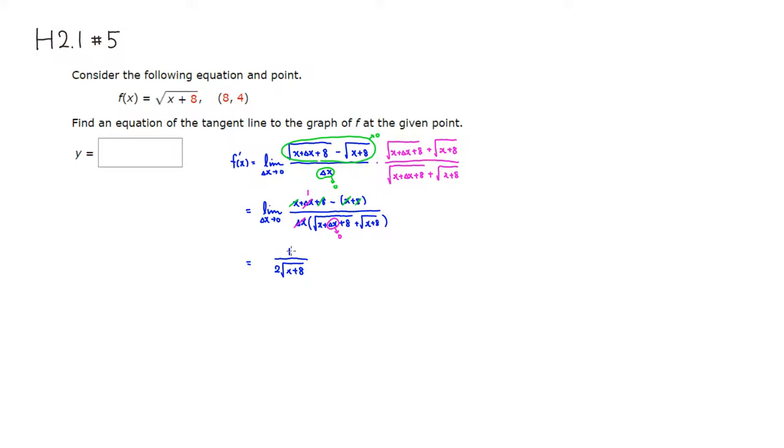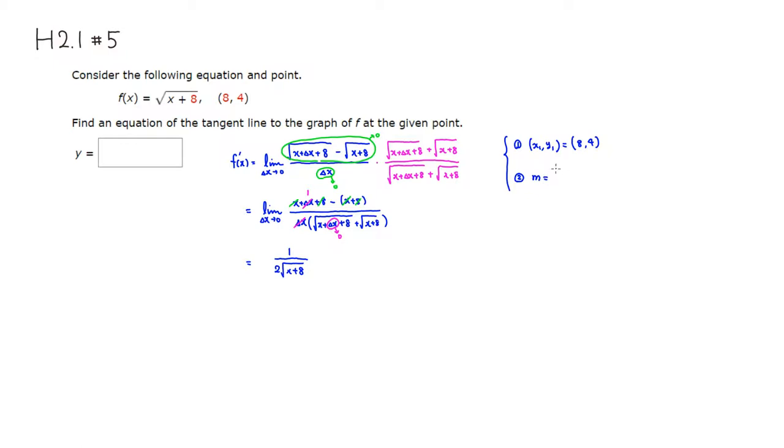Now we want to find a couple of things. The first one doesn't require any work. The point x1, y1 is a given point, so 8, 4. And second, we need to find the slope m.